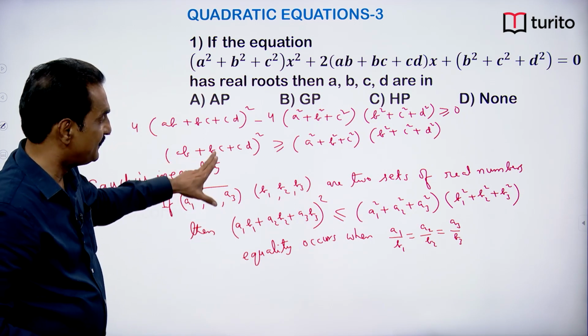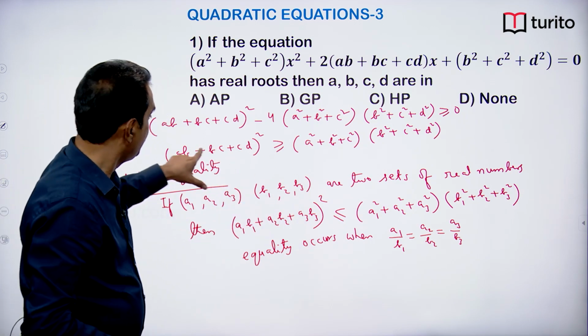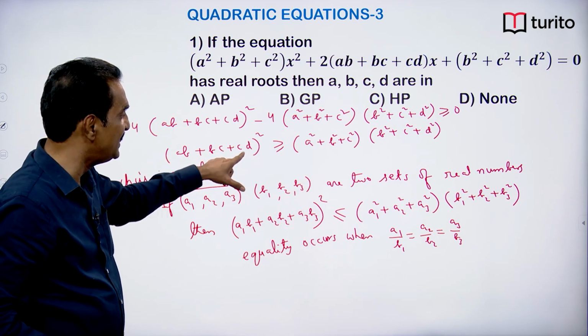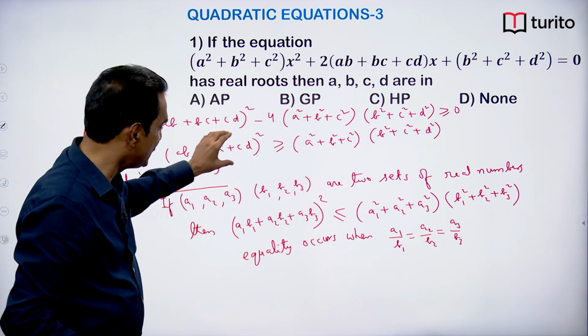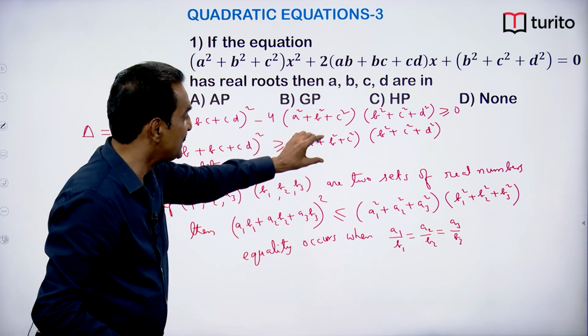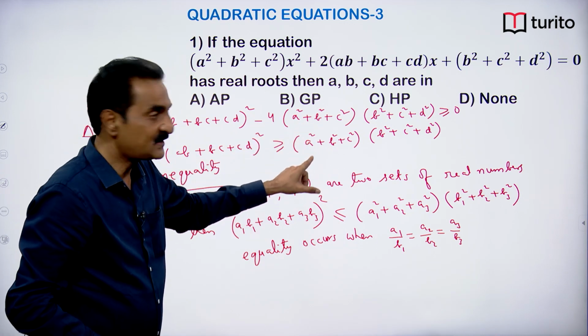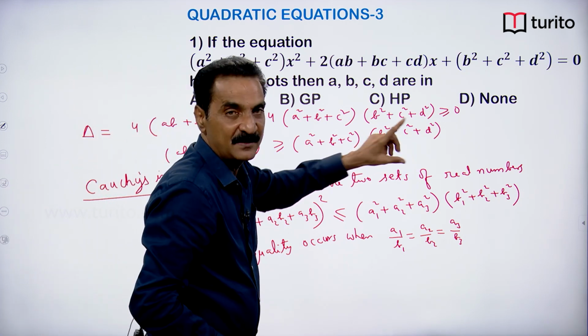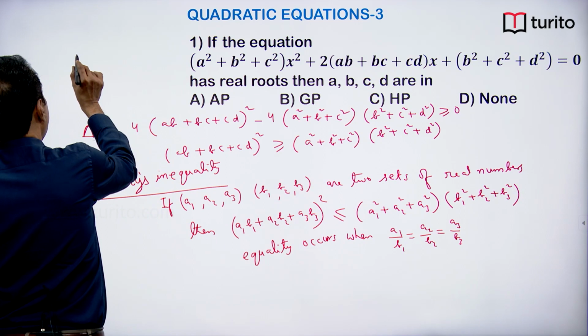Okay. Now, observe this and this. Here, if you take the first set as a, b, c and the second set as b, c, d, this is the same as this, and this is a square plus b square plus c square, the sum of the squares of the elements in the first set.